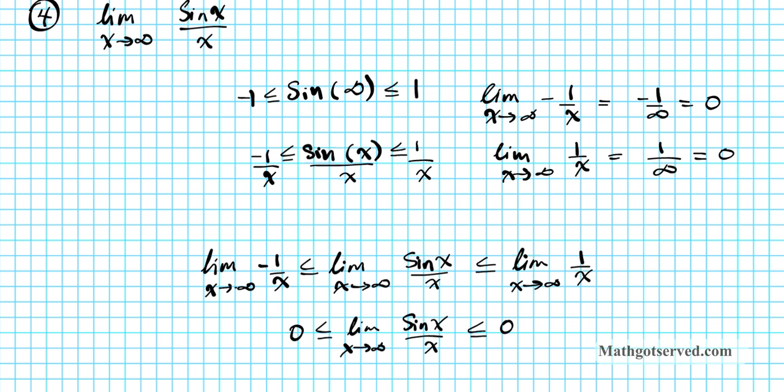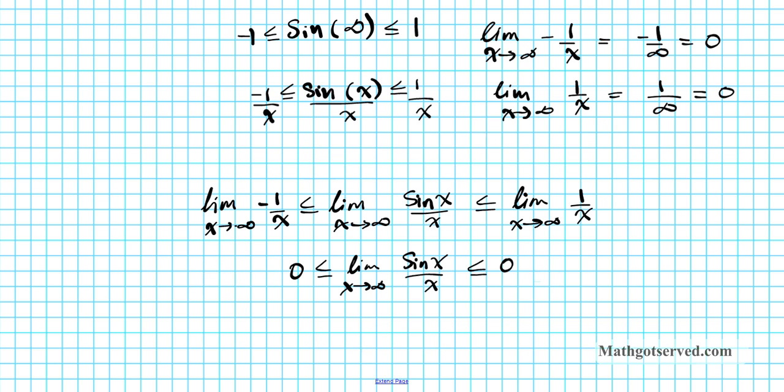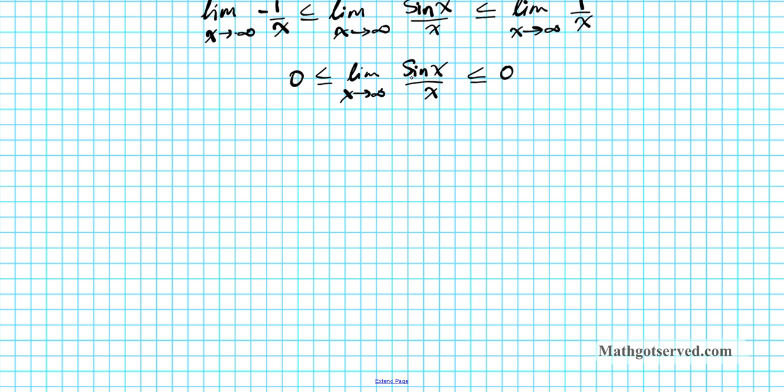So from the Sandwich Theorem, we know that if a number is sandwiched between the same number, it has to be the value of that number, okay? So this automatically tells us from the Sandwich Theorem that the limit as x approaches infinity of sine x over x is equal to 0.